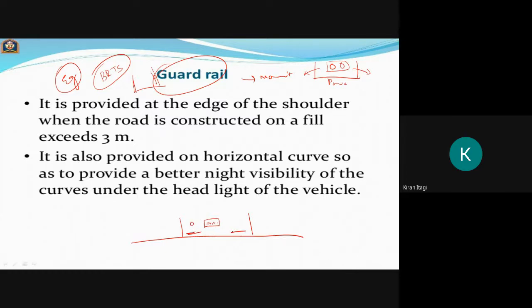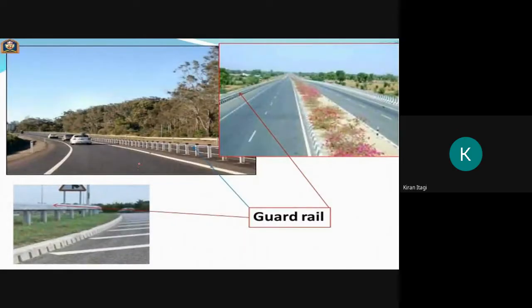Here you have a bus. The vehicle from here doesn't enter the BRTS lane, and BRTS buses don't come out from their lane. So it counteracts, guardrails. Here you can see some guardrails.